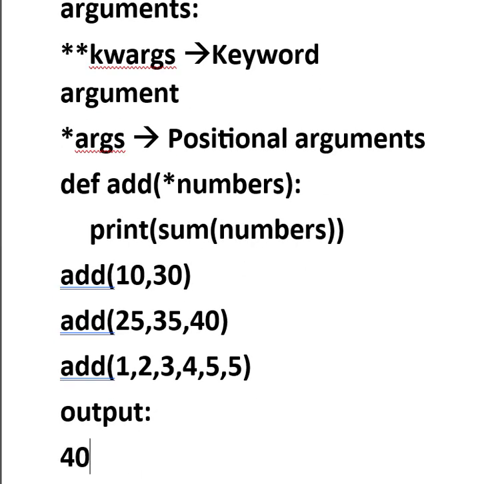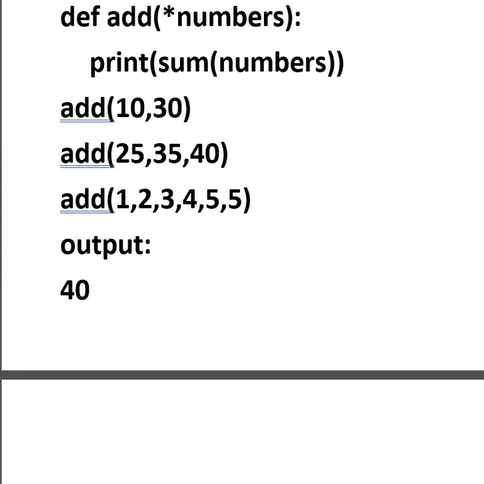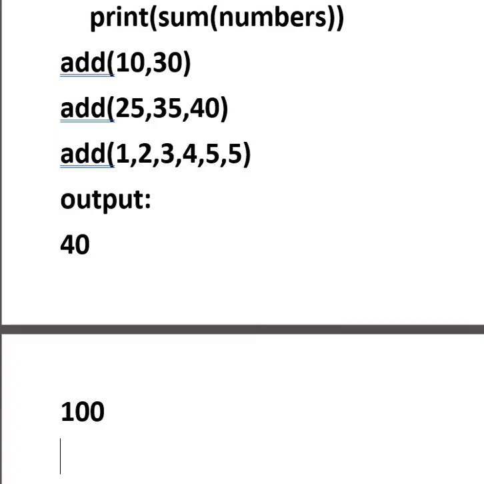First one is 23, we need to add. Okay. Second one is 25, 35, and 40 is 100. And next one 1, 2, 3, 4, 5, 5, 5 is 25. These are okay.